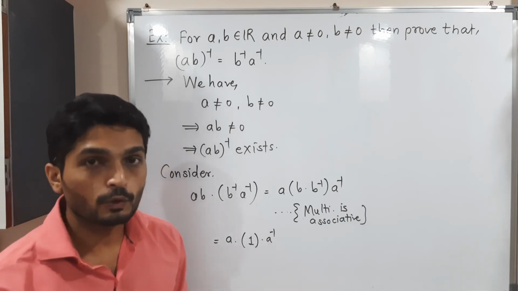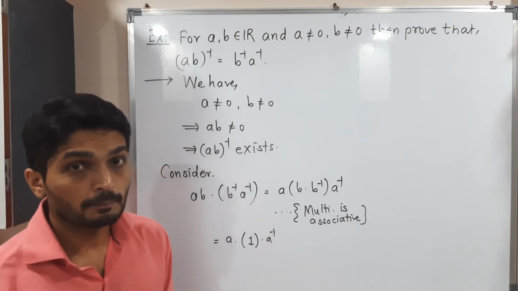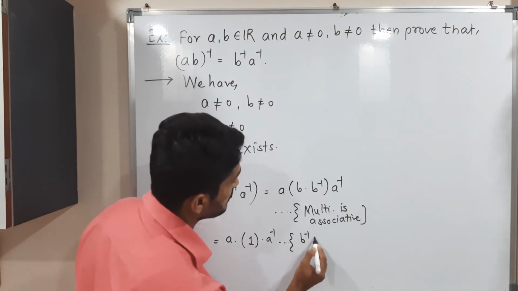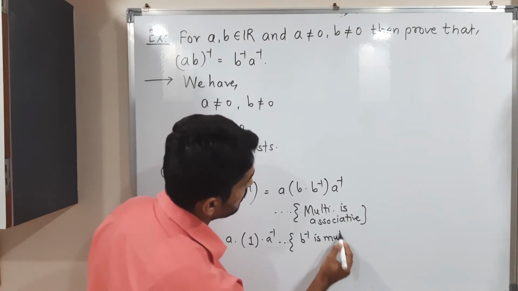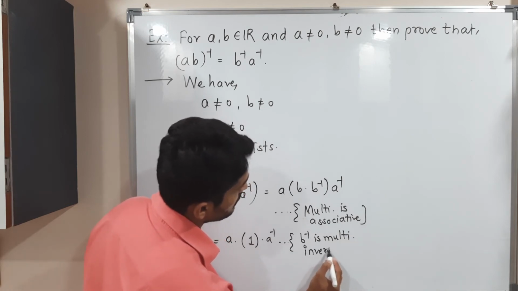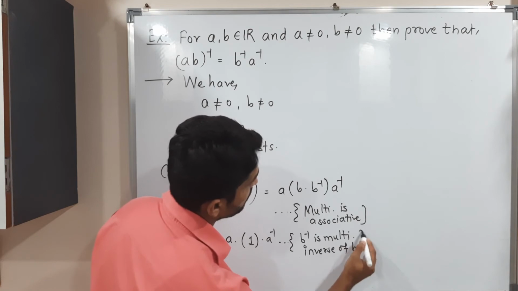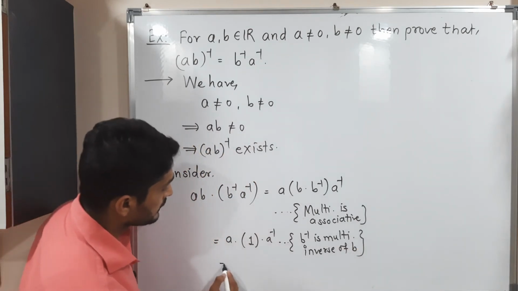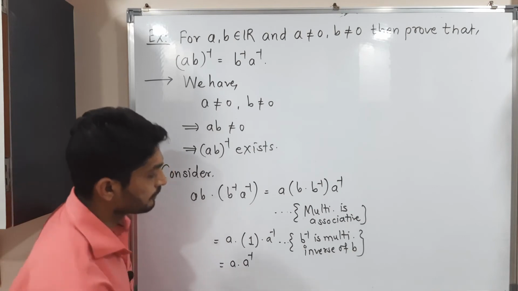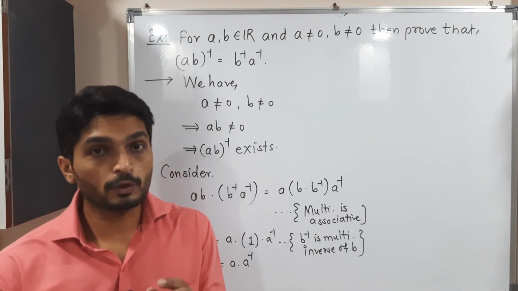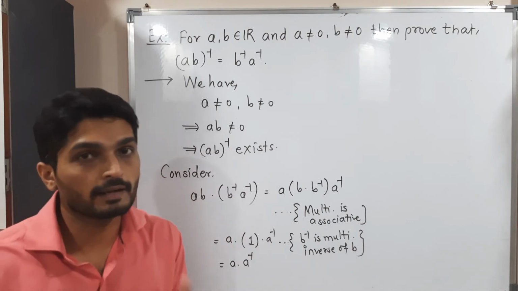Tell me why? Because b inverse is the multiplicative inverse of b, so their product is 1. a into 1 is a because 1 is the multiplicative identity. So if you take the product of any number with 1, you will have the same number.